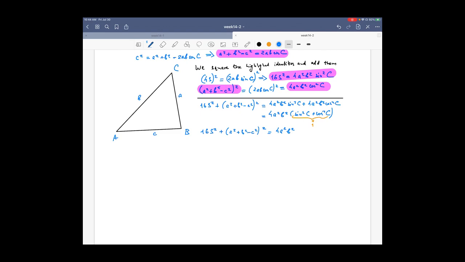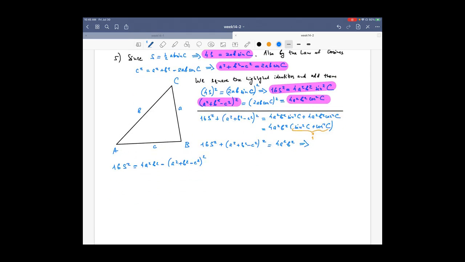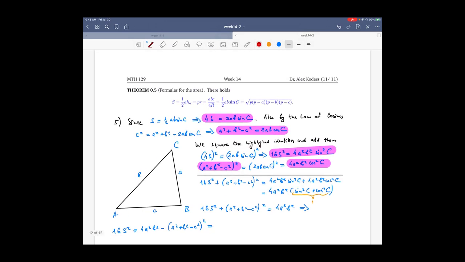And now a little bit of algebra. From here we express 16s squared as 4a squared b squared minus a squared plus b squared minus c squared, squared. Now, difference of squares. Remember the formula that we use all the time: u squared minus v squared equals u minus v times u plus v.